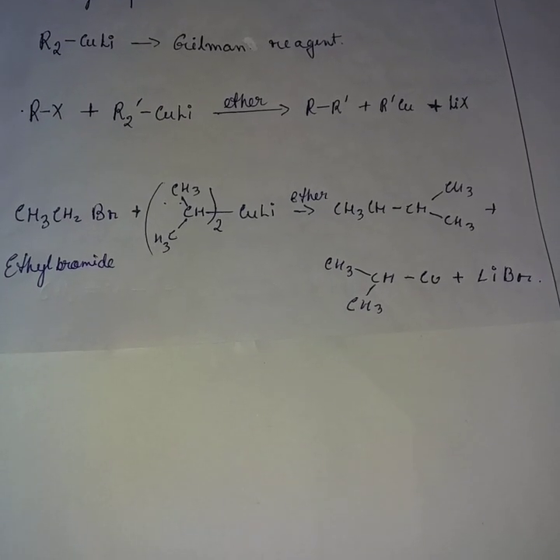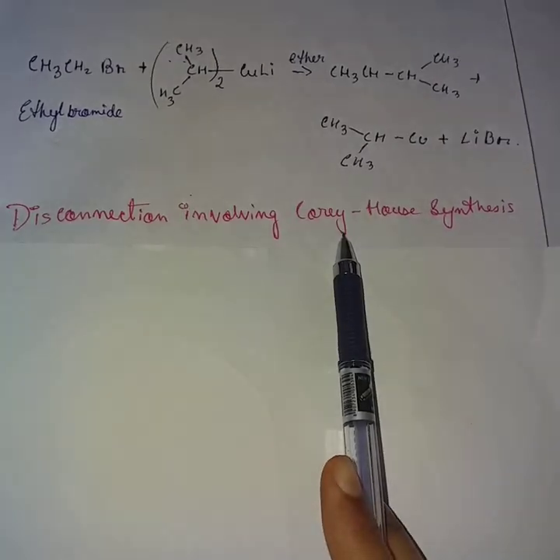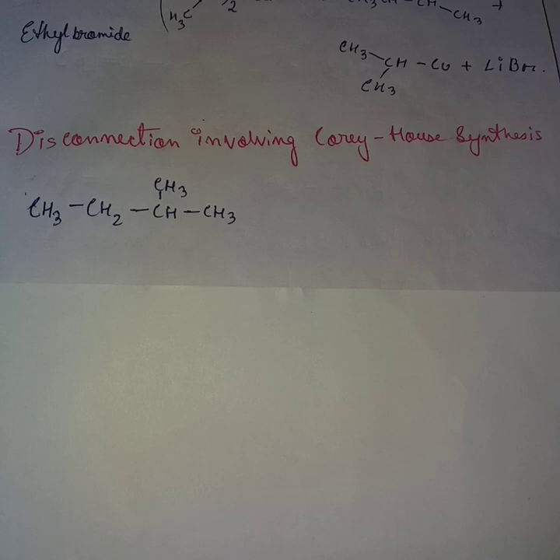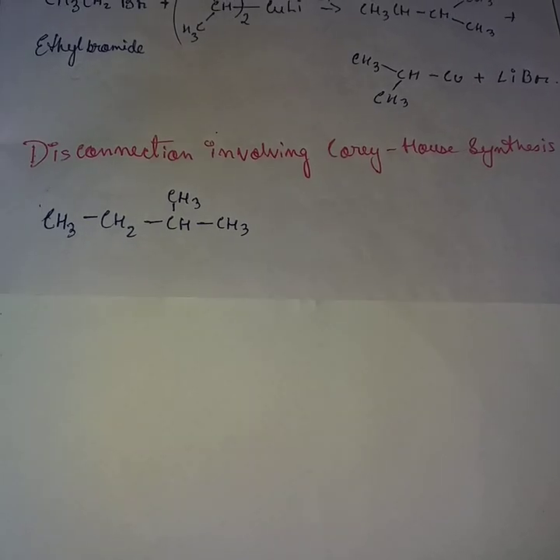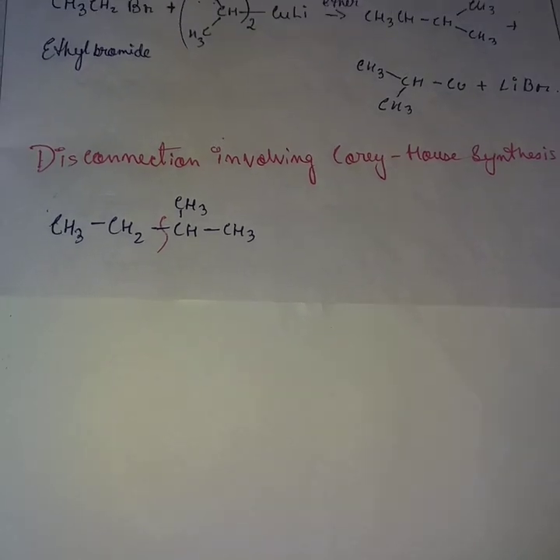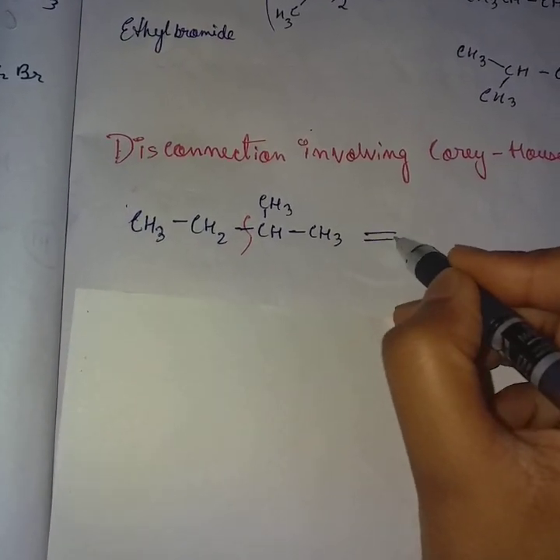Note it down. Now we will move forward to disconnection involving Corey-House synthesis. If we take this compound as an example, this is the point where we will disconnect, so that we get two types of synthons here.